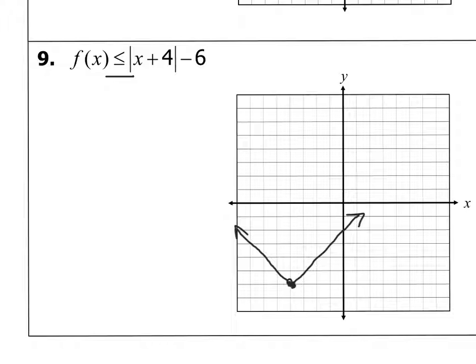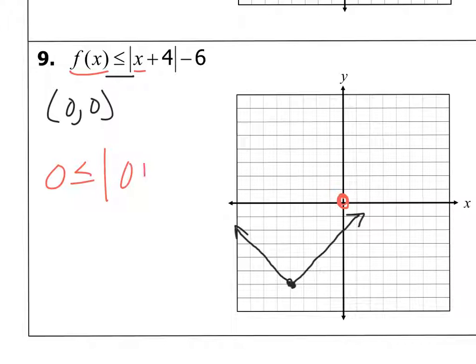So the 0, 0 test means that y equals 0 and x equals 0. And that point, if you recall, is right here. There's that point, and we want to see if it makes a valid statement. Because if it makes a valid statement, then that means that that particular point right here is part of the solution set. So we're going to substitute 0 in for our f of x, which is the same thing as y. So we're going to say 0 is less than or equal to, now we're going to substitute 0 in for our x, the absolute value of 0 plus 4 minus 6.